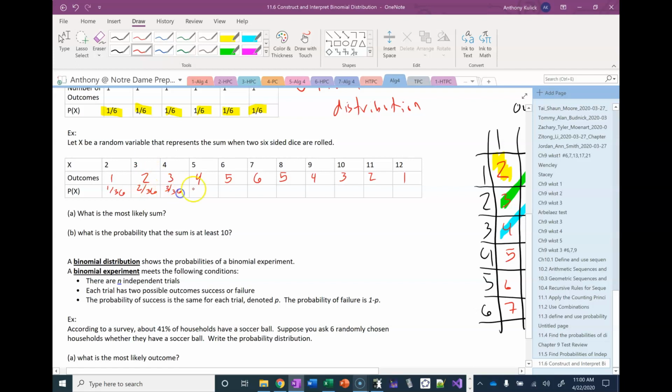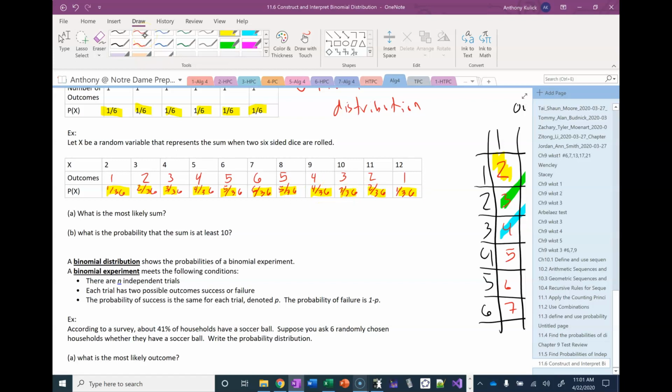And then we have 3 out of 36, 4 out of 36, 5 out of 36, 6 out of 36, 5 out of 36, 4 out of 36, 3 out of 36, 2 out of 36, and 1 out of 36. This is our probability distribution, and if you added up all those fractions, you'd see that they do indeed add up to 1.